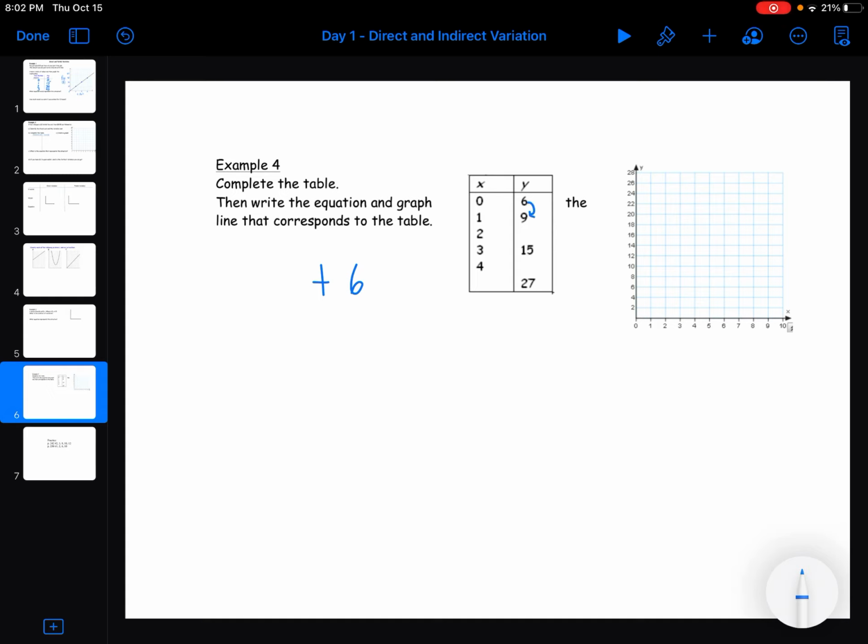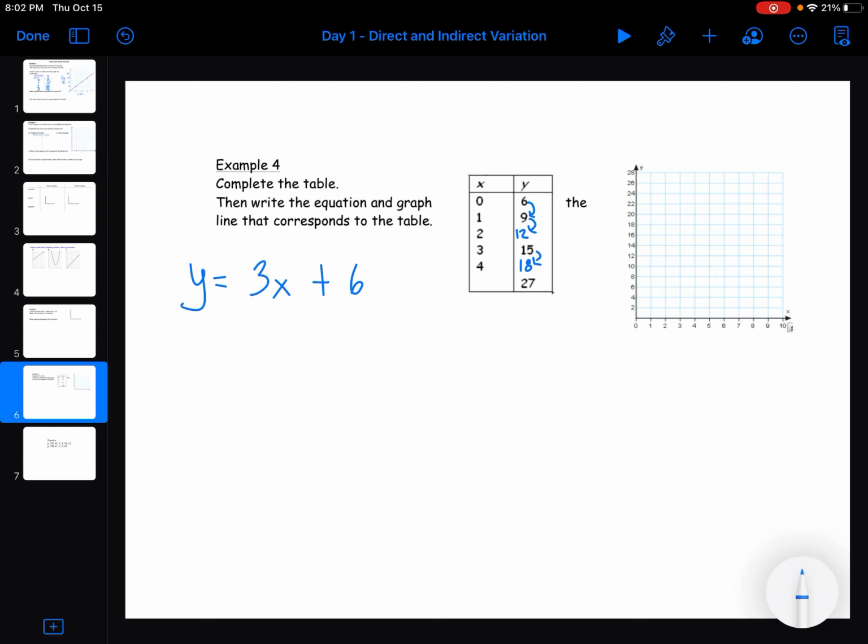From 6 to 9, I have 3. So in between here, I've gone up 1, so that's got to be 12. And then this one would be 18. Now this number's not 5, so I don't want you to put a 5 there. We're going to figure it out. But we found that our constant of variation here is 3. So our equation is y equals 3x plus 6.